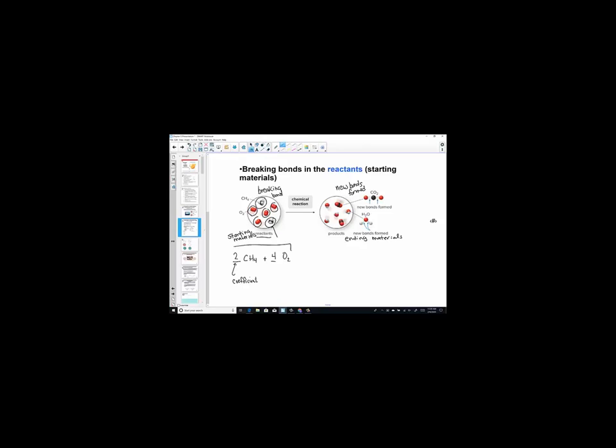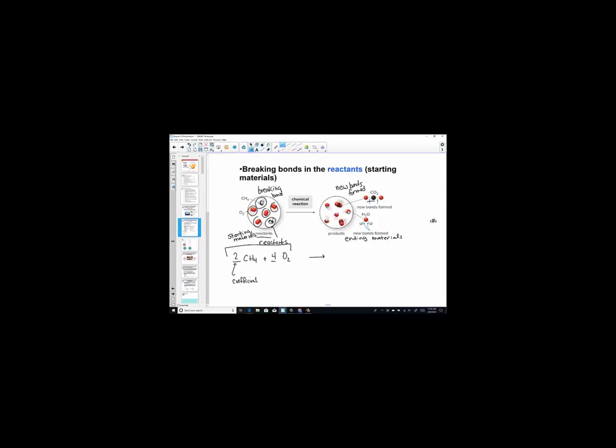Notice these starting materials are what we call reactants. They're beginning materials. Then I see the arrow, and this means yields, forms, produces, goes to, makes, all kinds of different words to represent that the reactants are going to change into something else. Well, what else do we see? On the product side, we see completely new compounds.